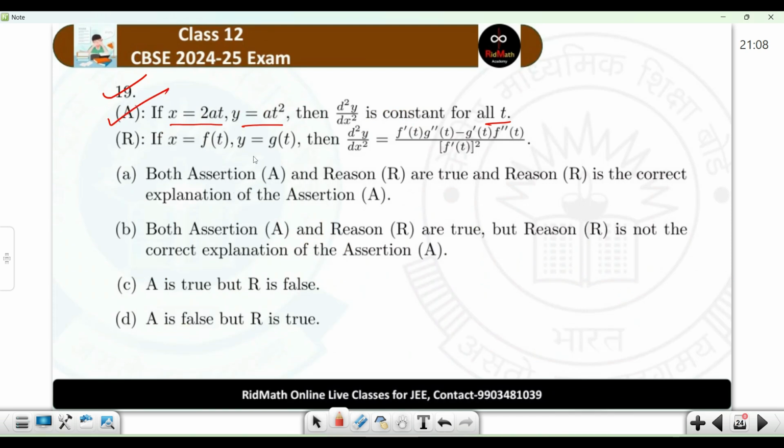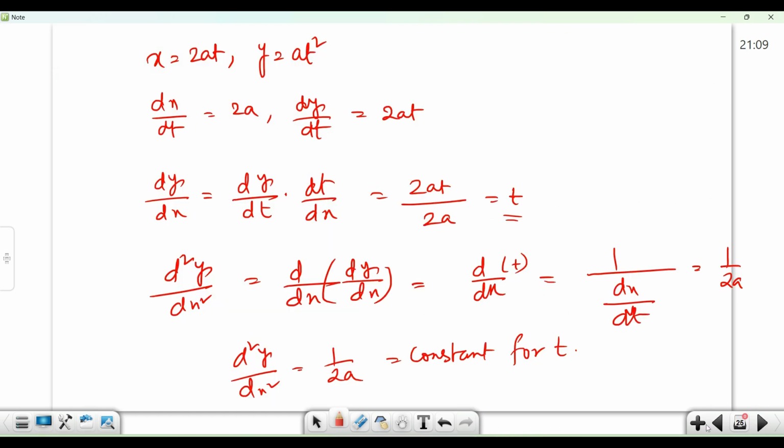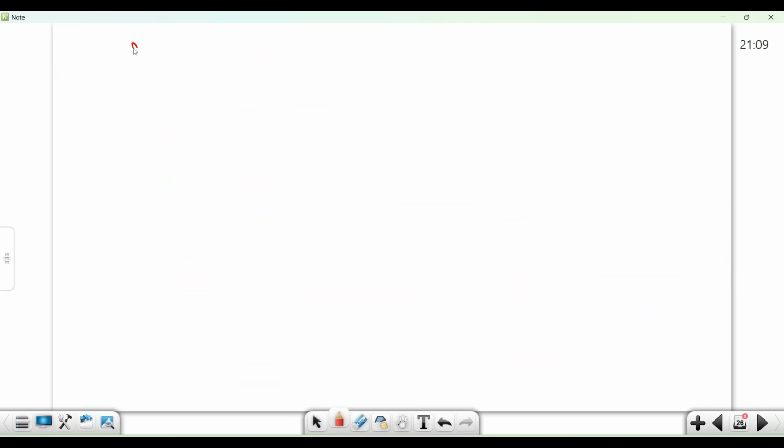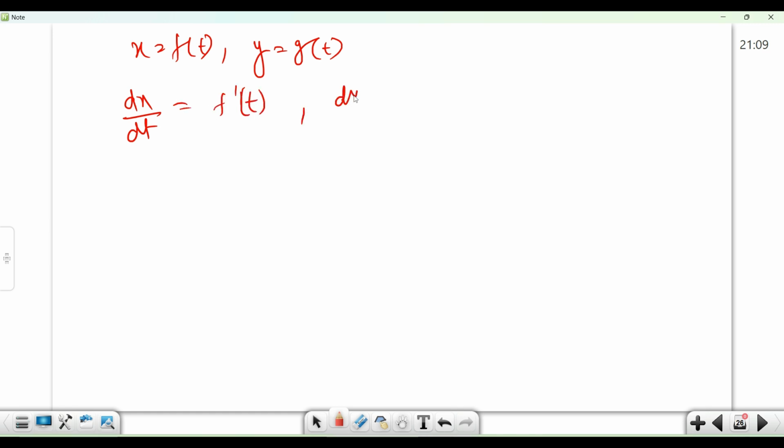Now if x equal to f(t) and y equal to g(t), then what is d square y by dx square? So x is equal to f of t and y is equal to g of t. Now dx by dt is equal to f dash t, and dy by dt is equal to g dash t.